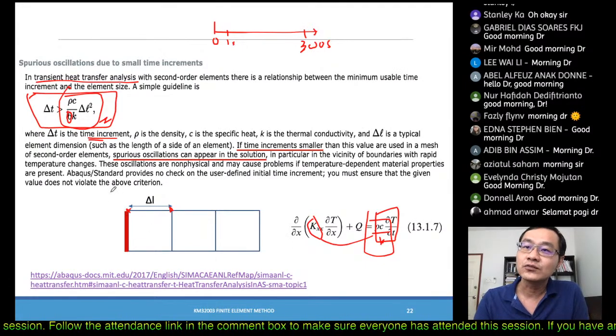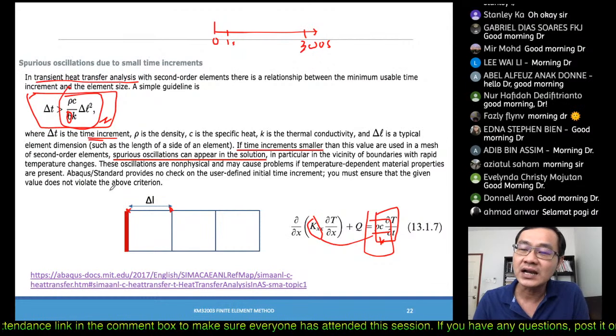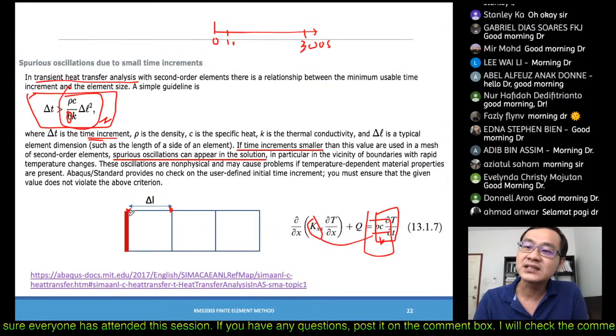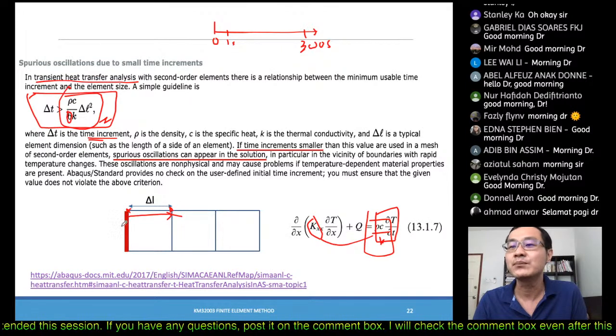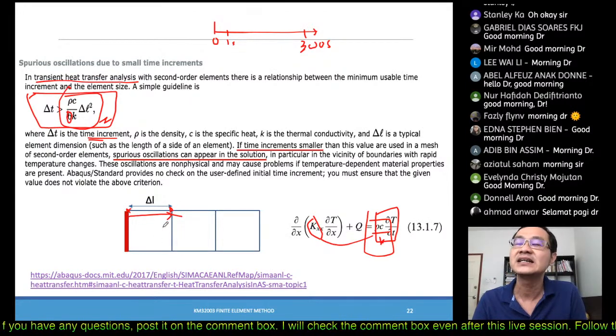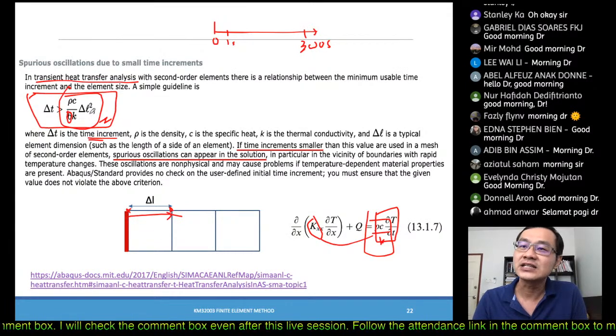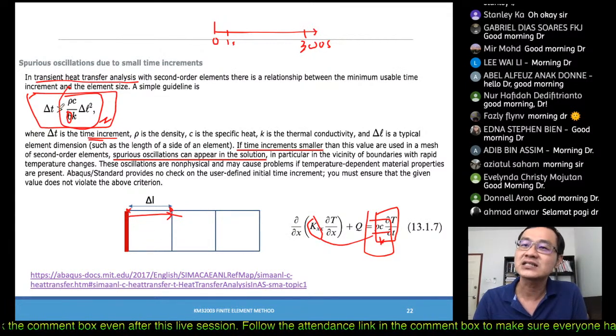So in the transient, we should allow sufficient time for the heat to be transferred to another node and stored within the element itself. Therefore the software suggests we should have this guideline.